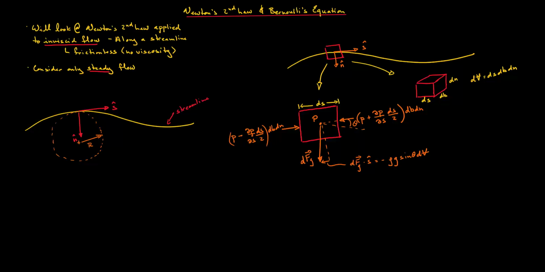And I've set up a coordinate system. So we're going to look at an SN coordinate system. This is a curvilinear coordinate system where S is the streamwise coordinate. And here this N is the normal coordinate.